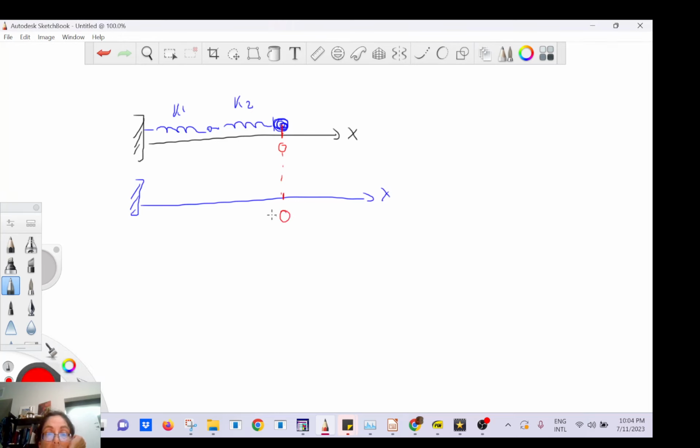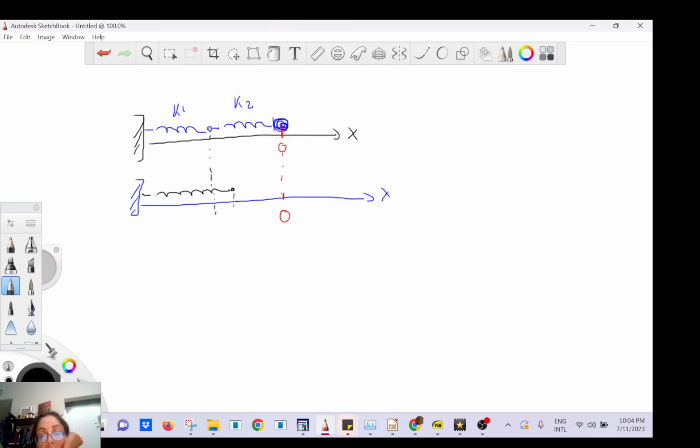So both of them are going to be stretched, right? But they are not going to be stretched maybe by the same amount, because it depends on K1 and K2. If K1 is stiffer, it's going to resist more, so it's not going to stretch by the same amount, right?